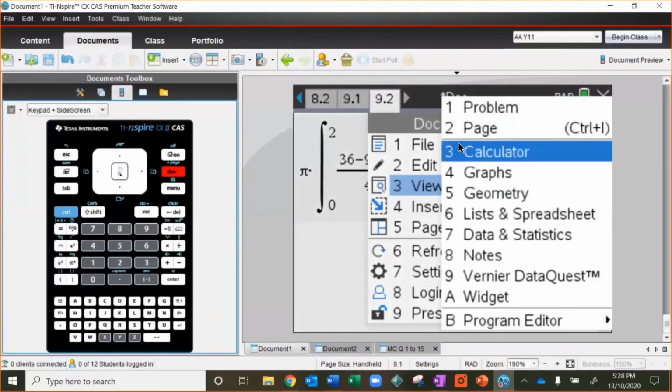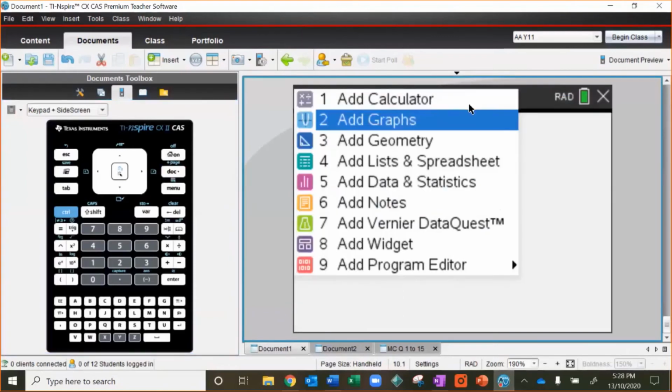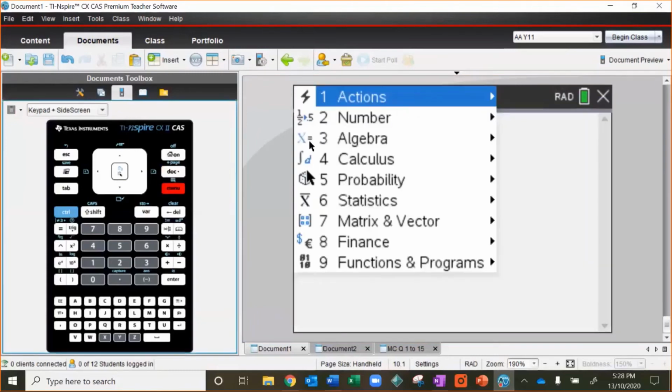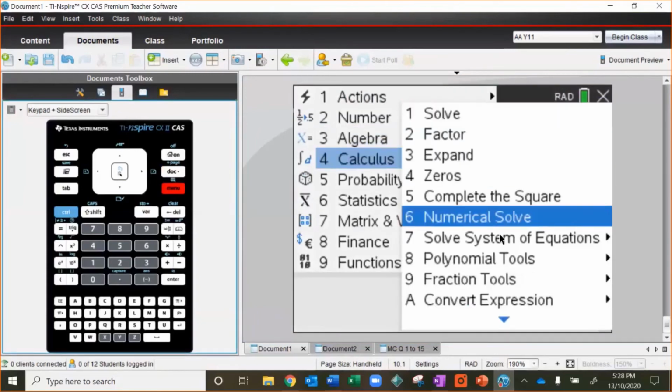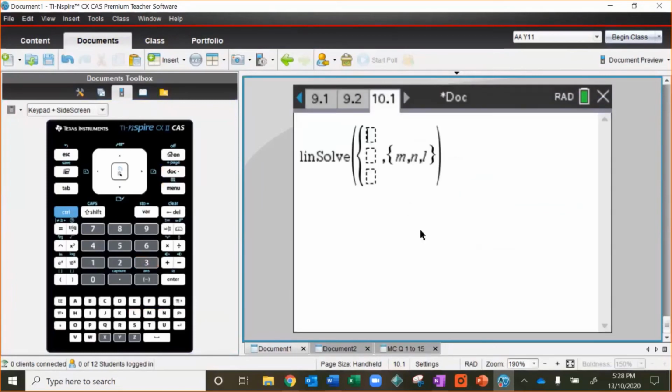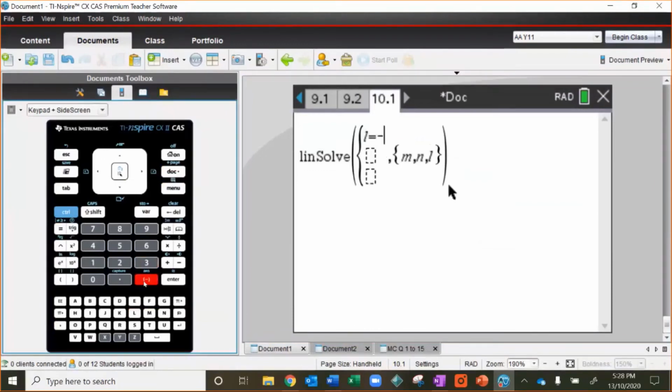So let's see how the calculator will be helping us here. We'll say menu, algebra, and we'll solve system of linear equations. We have three equations and the pronumerals m, n, and I use L for lambda. So now I can say L is equal to negative m plus n.